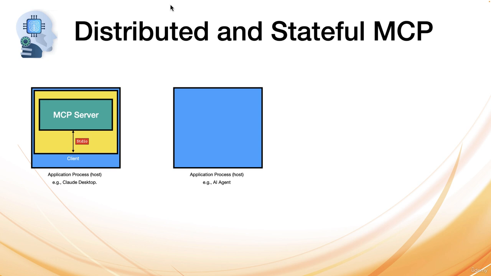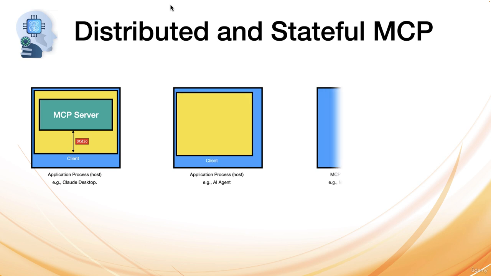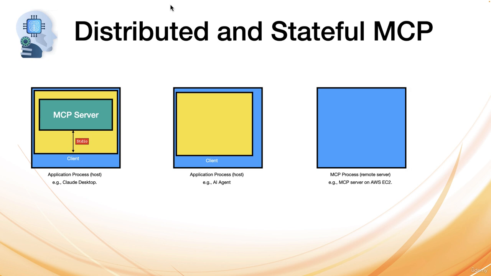When it's executed, a host process is created for it. Your MCP client is loaded in that host process, and then your MCP server is also executed like an application, and therefore it will have its own host process. Now the client needs to talk to your MCP server over HTTP, and this is called streamable HTTP.